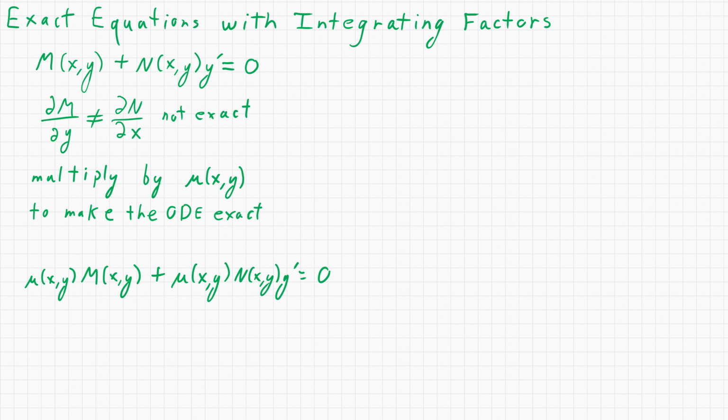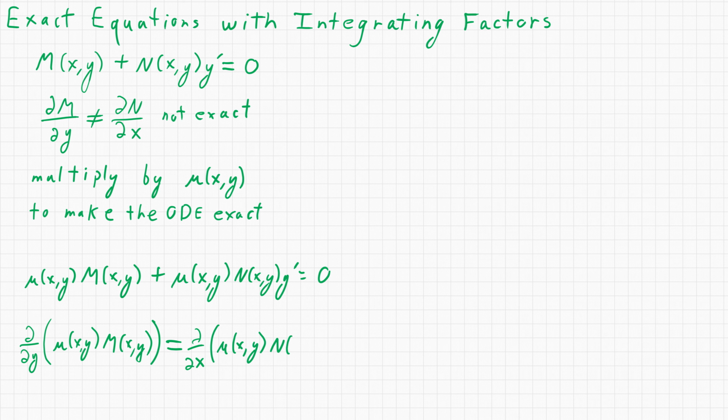And then somehow the partial derivative with respect to y of mu(x,y) times M(x,y) does equal the partial with respect to x of mu(x,y) times N(x,y). If that's true, then the equation is exact, and then you can solve it as an exact equation.